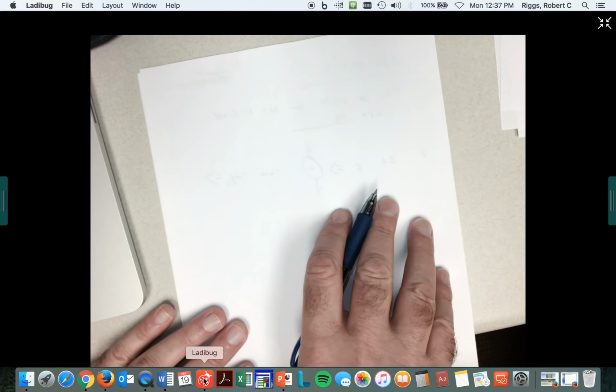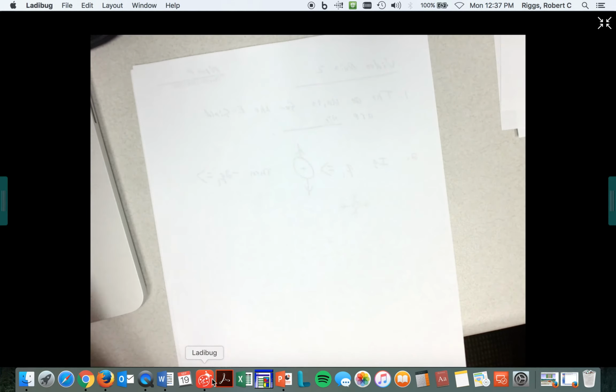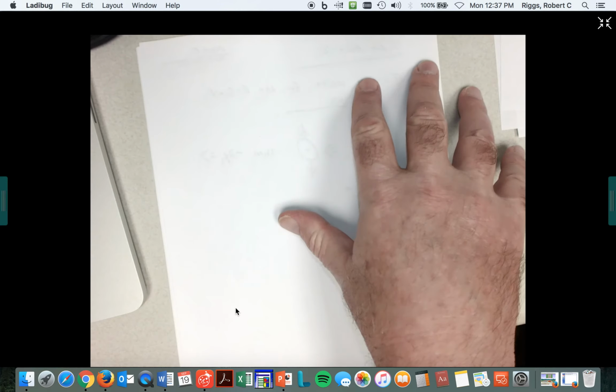Where are the forces that we're looking for? It's hard to hold. He's holding on to the partner. So how much force does he need to hold this partner up? Let's analyze the forces.